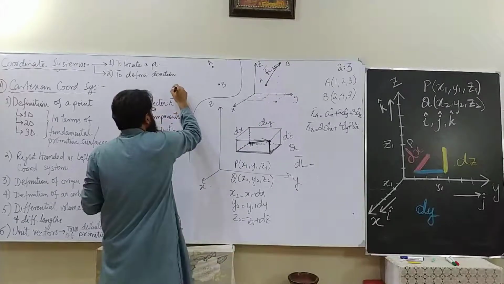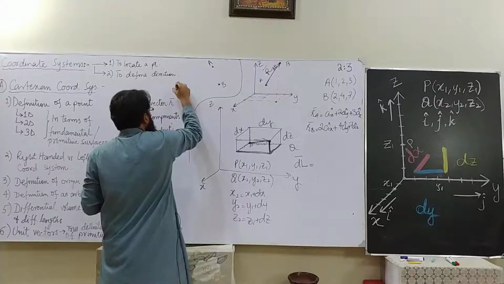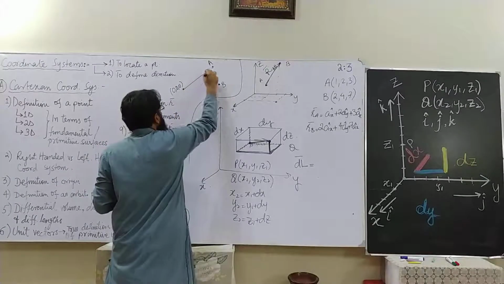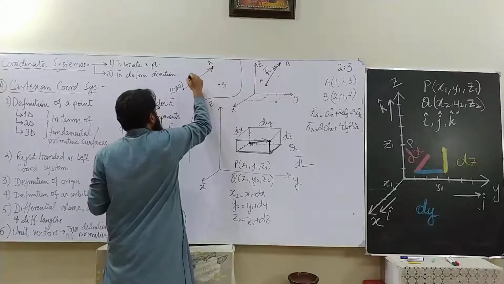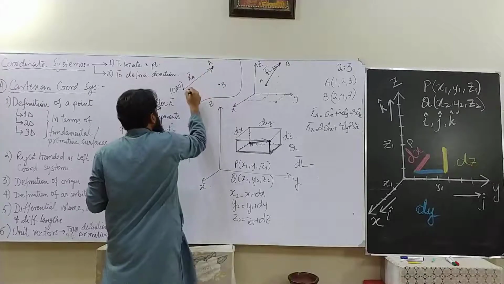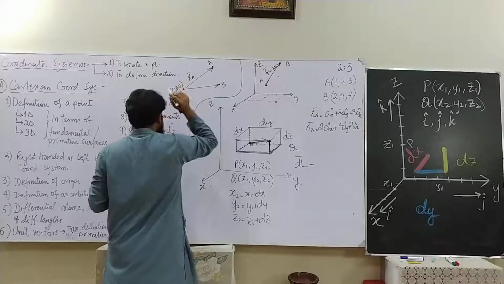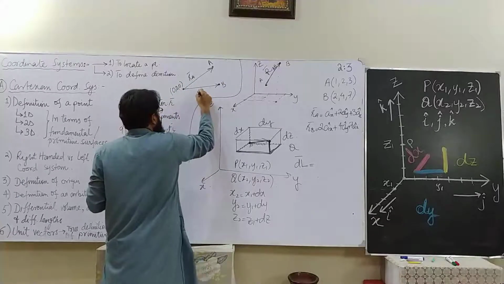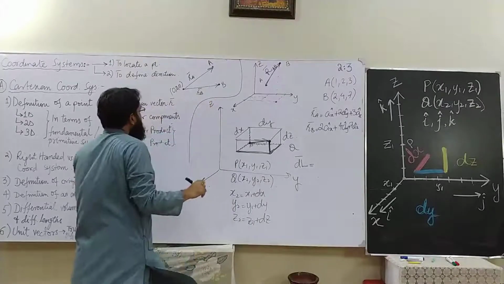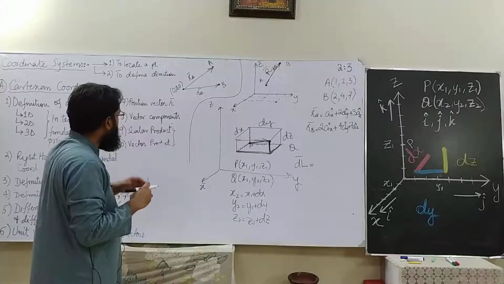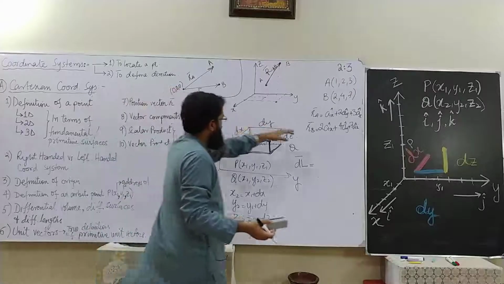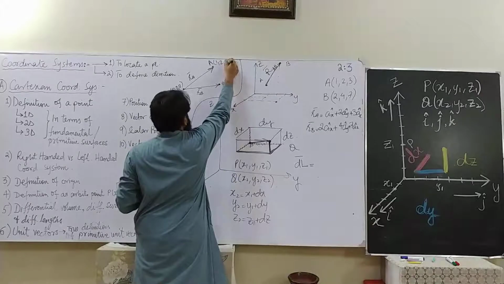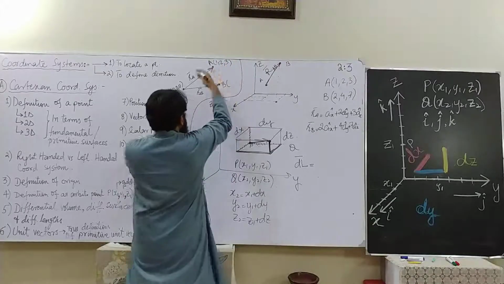The origin has coordinates 0, 0, 0. The position vector in the direction of A is RA, and the position vector pointing to B is RB, which we have already calculated. These coordinates are the same; I'm not changing them, I'm just giving you a rough picture.